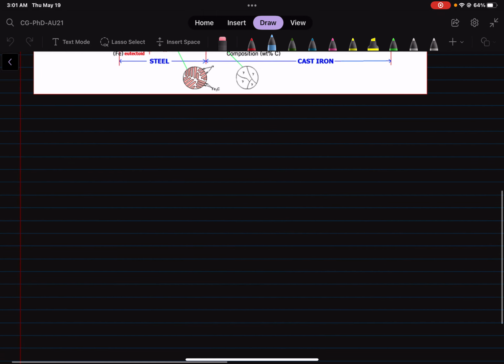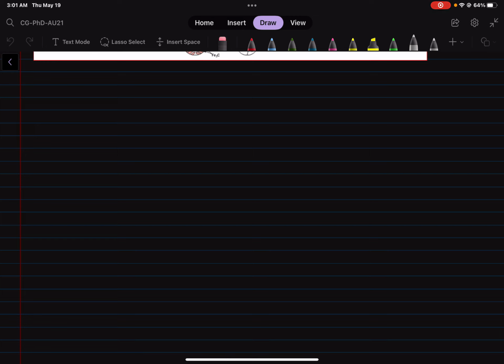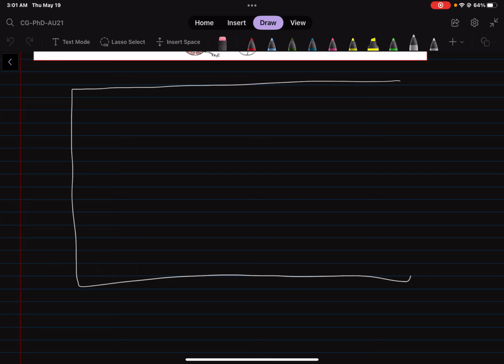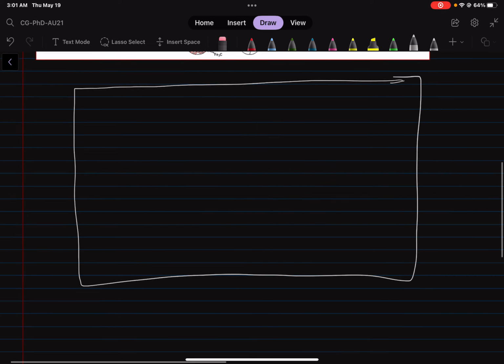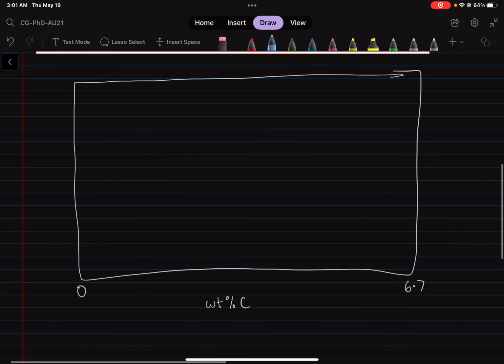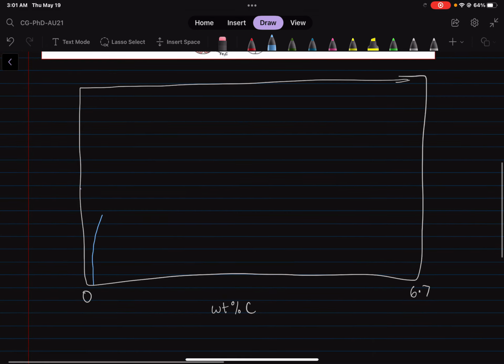So, for the iron carbon phase diagram, let's draw this box out, and we know that on the x axis we have weight percent carbon starting from 0 all the way to 6.7. Over here we have the alpha phase on the corner, and then this straight line goes all the way through.